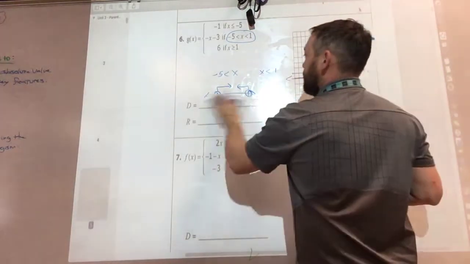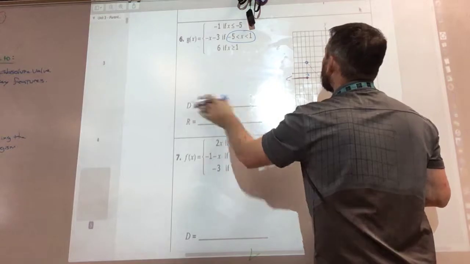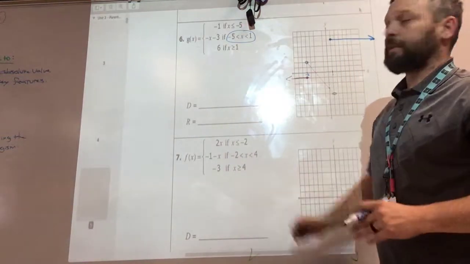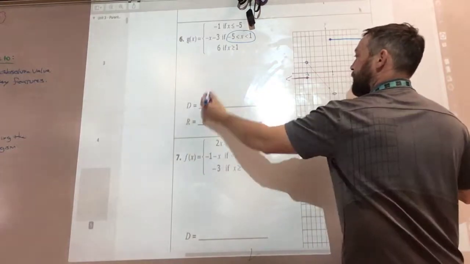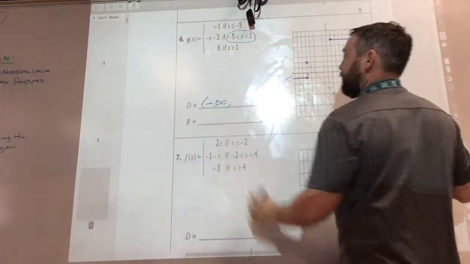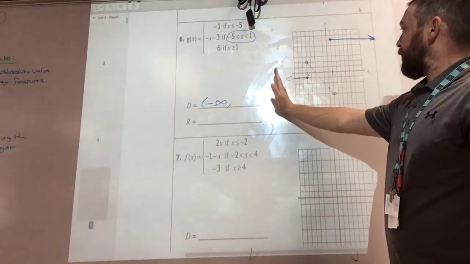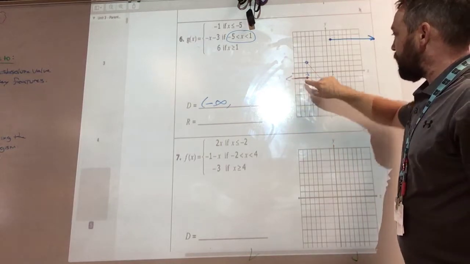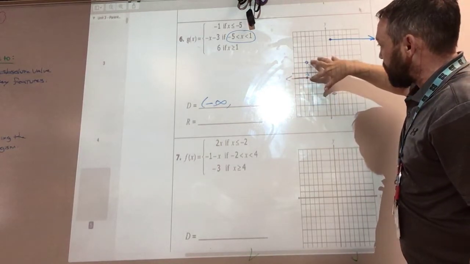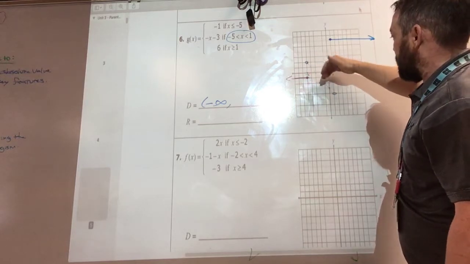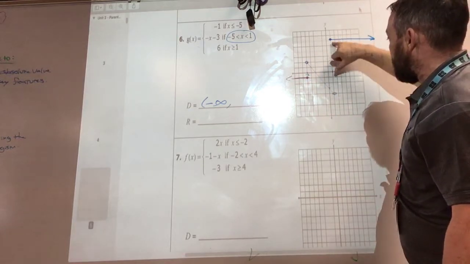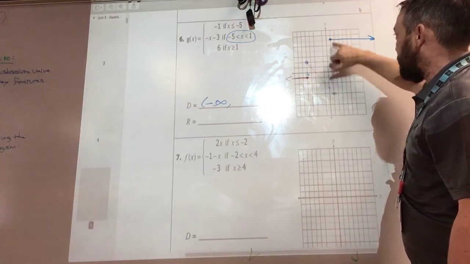Okay, so let me erase this. Go back to here. So when I want to read my domain of this thing, I read left to right. So I'm coming from -infinity. So there's a continuation right here. There's no gap. So it's going to come from this way. There's no gap right here because that's going to pick up right there.